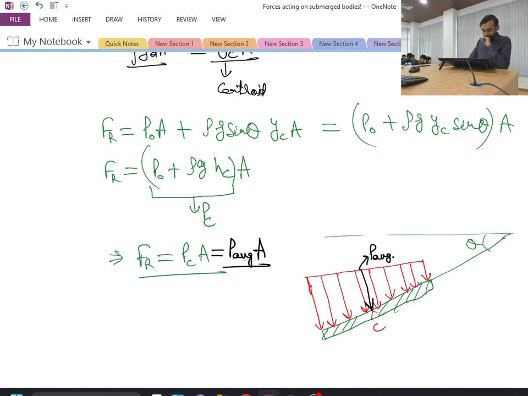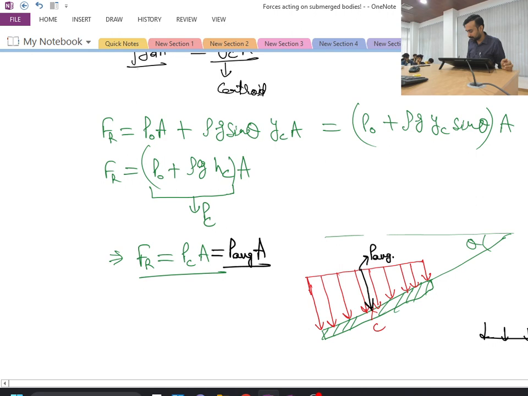Okay, now one important point is, whenever we have a force acting, it is continuously distributed over the entire surface. But of course this force will have some unique line of action. For example, if you have a surface, and over this surface the distribution of the pressure is something like this, the force is uniformly distributed.